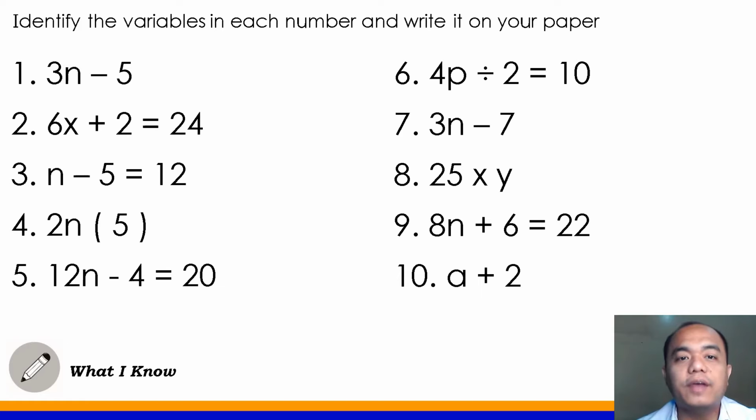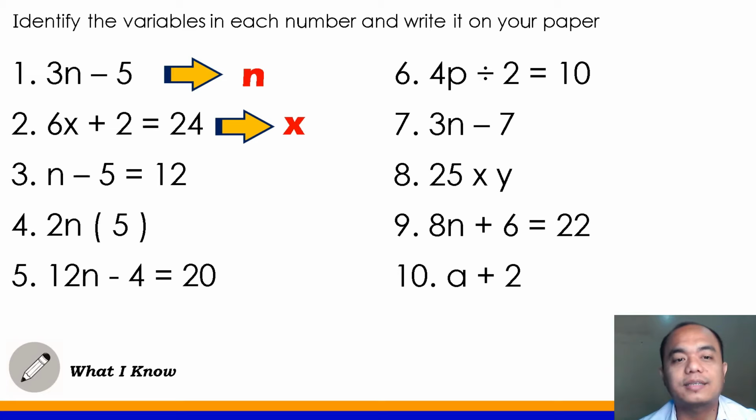Now, let's identify the variables in each number and write it on your paper. For number 1, what do you think is the variable? Okay, correct. It's letter N. How about number 2? The variable is correct, X. How about number 3? Correct. It's letter N. Number 4?